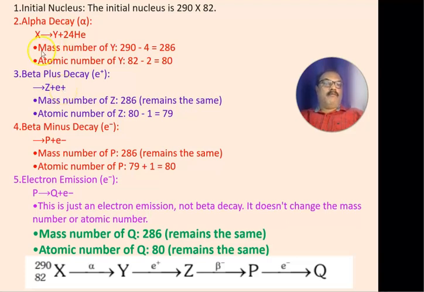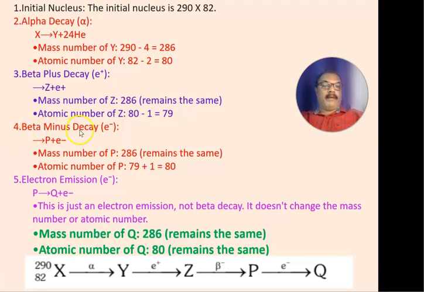When Y product emits beta plus decay, that means a proton is reduced, so the atomic number will reduce. Mass number remains the same. So mass number will become 286, atomic number will become 79, because 80 minus 1 is 79.